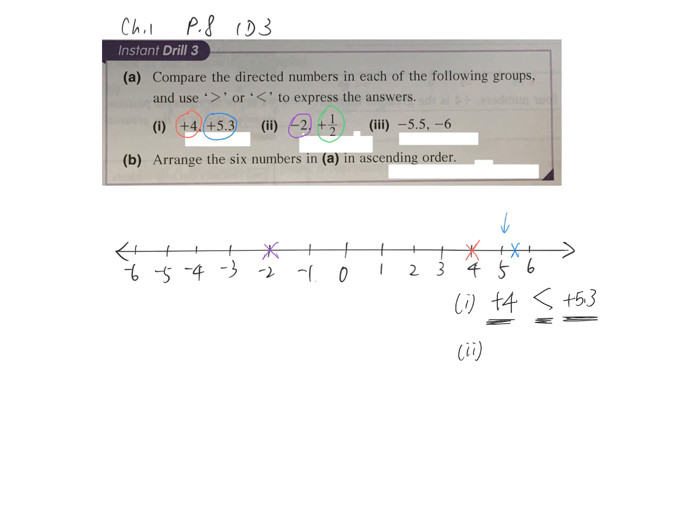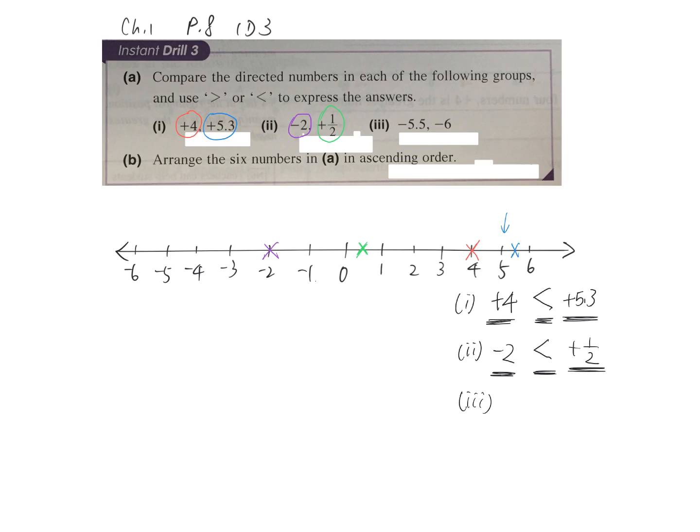So a positive number is on the right of the origin, which is less than 1, so it should be at the middle of 0 and 1. To compare the position of the two numbers, negative 2 is on the left. So negative 2 and positive 1/2, we should have the relationship of this symbol to link them, that negative 2 is smaller than positive 1/2.